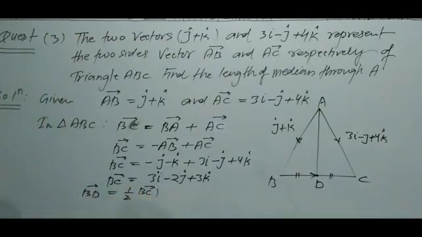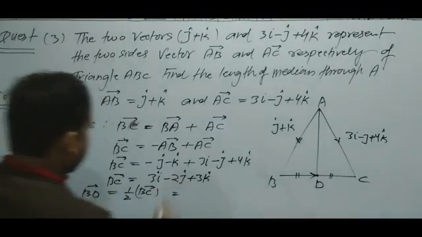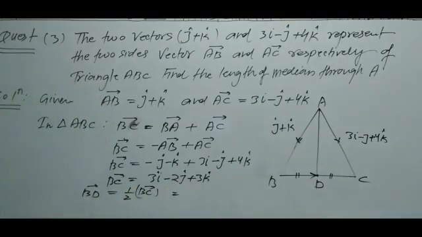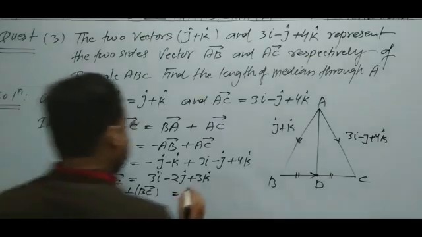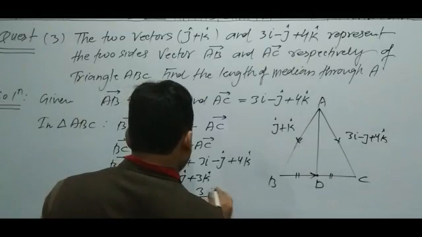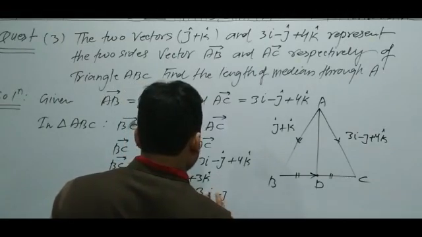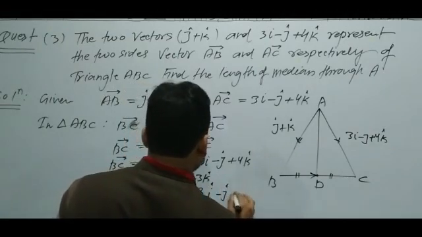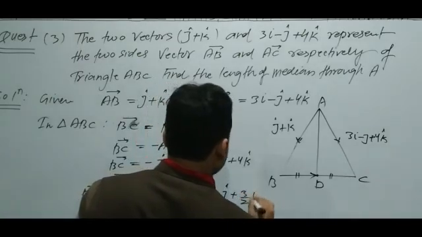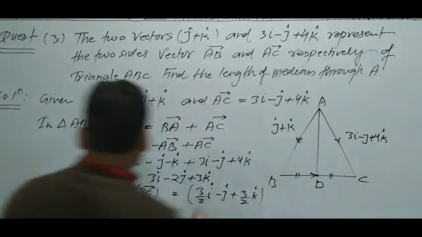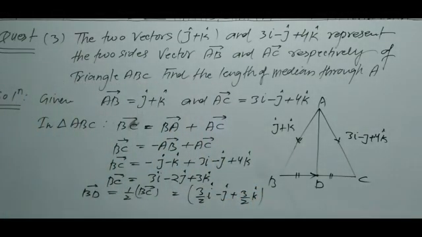So the result is 3 by 2 i minus j plus 3 by 2 k. This is the result of BD.